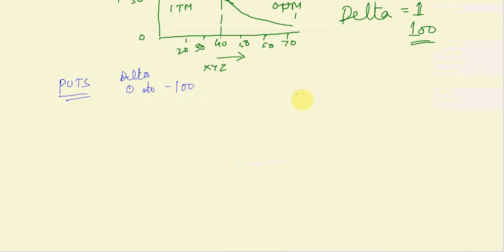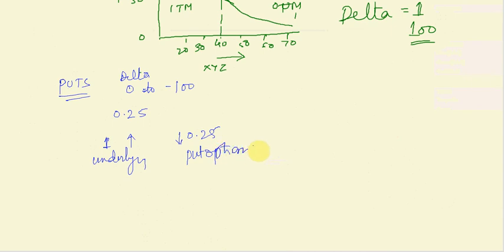What it means is, suppose there is a delta of minus 0.25 for a put option. That means if the underlying goes up by 1, the value of the put option will go down by 0.25.